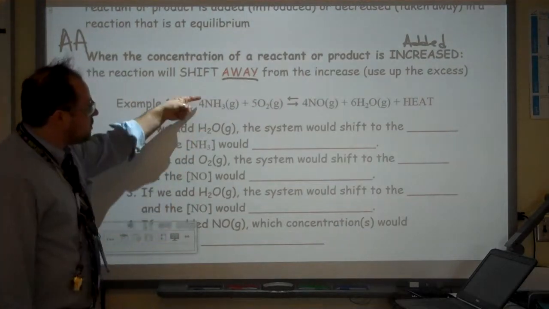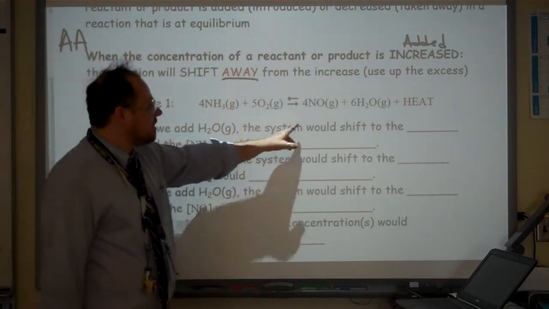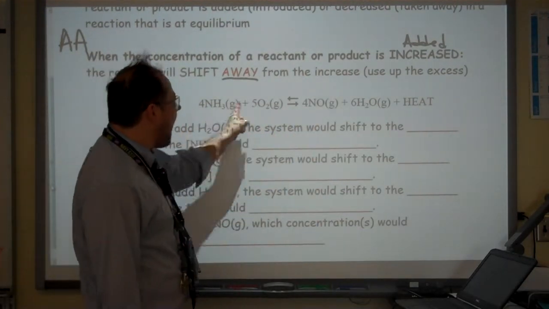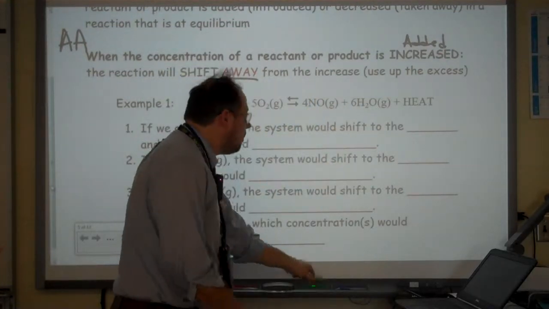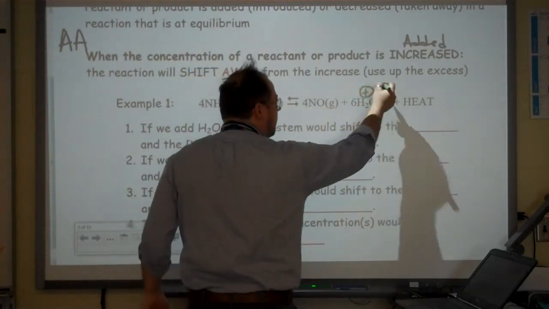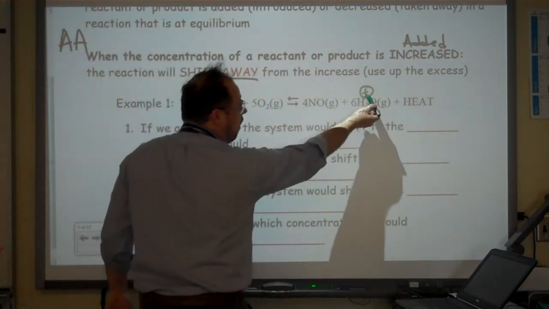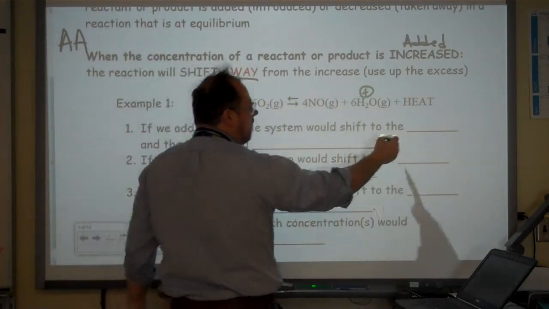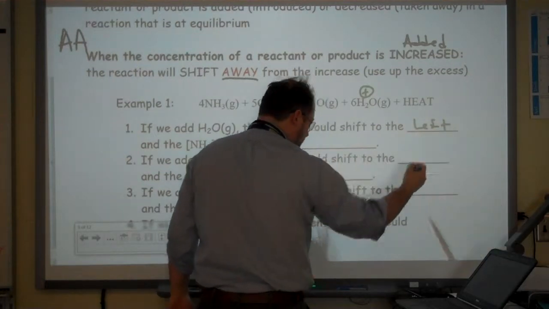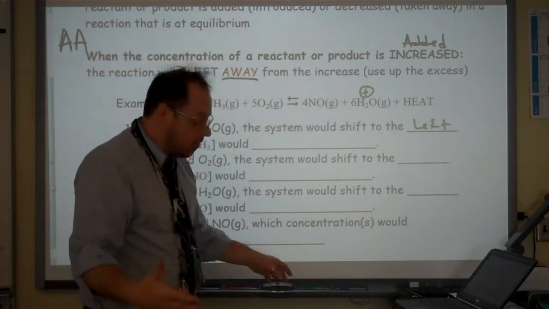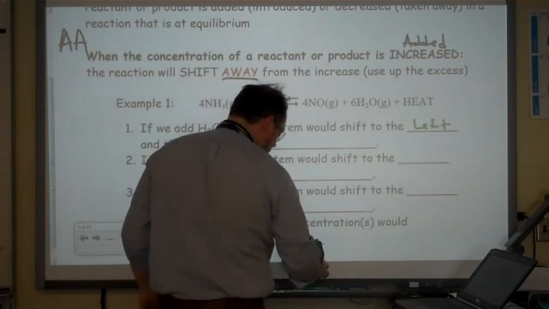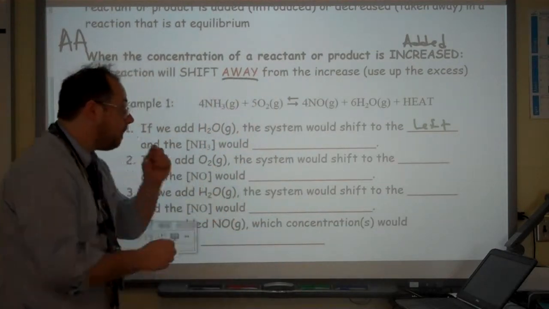So if we add H2O gas, the system would shift to the, let's see, we add H2O here, and we're going away from what we added. We shift away from that, so we shift to the left. That's how A works. Add, we shift away. Whatever you add, you shift away from.